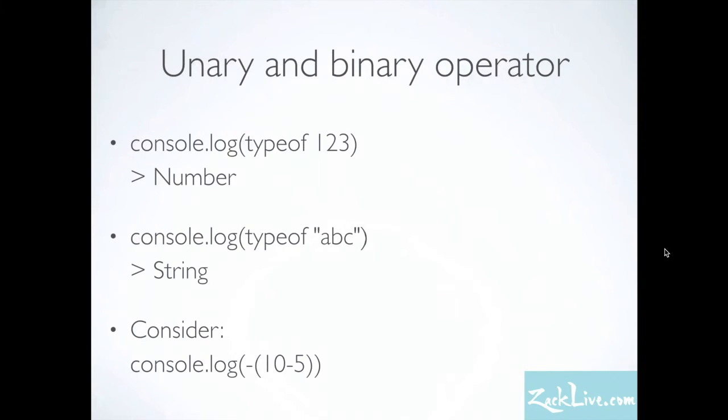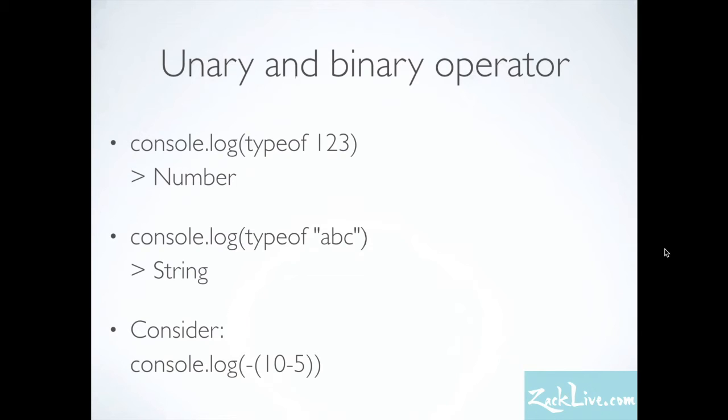Next, we will talk about unary and binary operators. A unary operator means it needs only one operand to operate. For example, typeof is a unary operator. You can use it as typeof 123. You will get number, because the type of the number 123 is number.